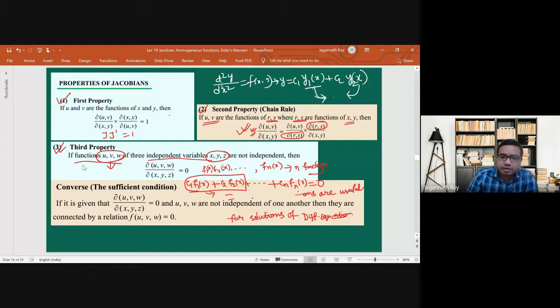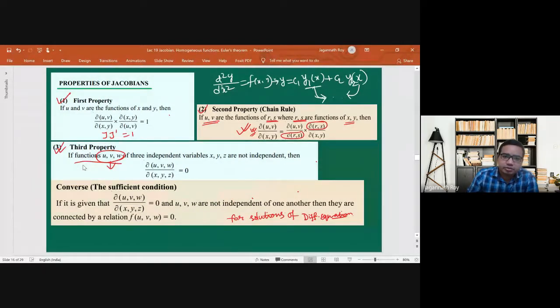If these functions are somehow related, then the Jacobian will be 0. So we will see one example to verify this one, and then after this, we will come back to the converse.